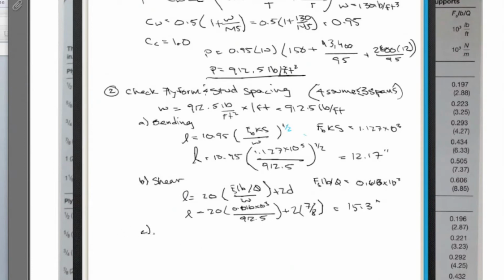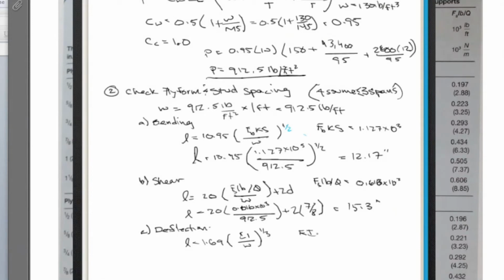Okay, last we're going to check the deflection failure mode. Remember the problem said for deflection of L over 360, so we use the table corresponding to that value to get the equation of L equals 1.69 times EI over w, to the 1/3.